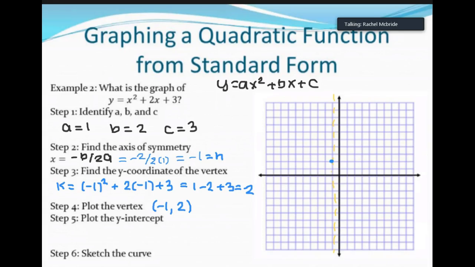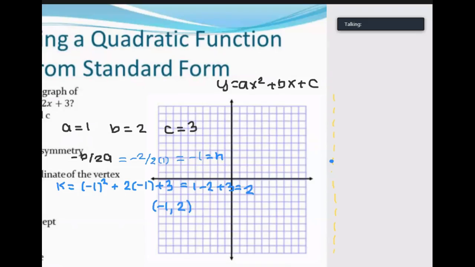And then you create your table just like we've been creating our table. We're going to do x plus h, a times y plus k. So it's 0, 1, 2. In this case, h is negative 1.